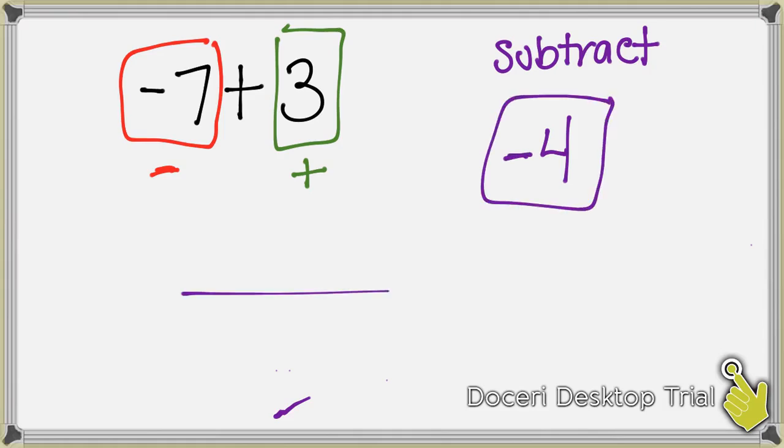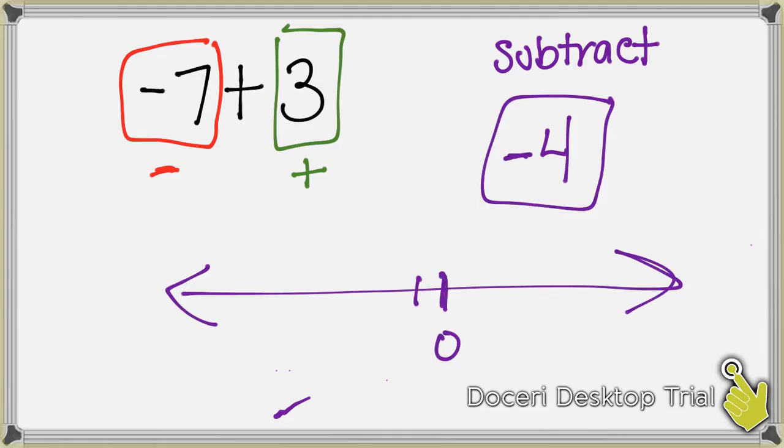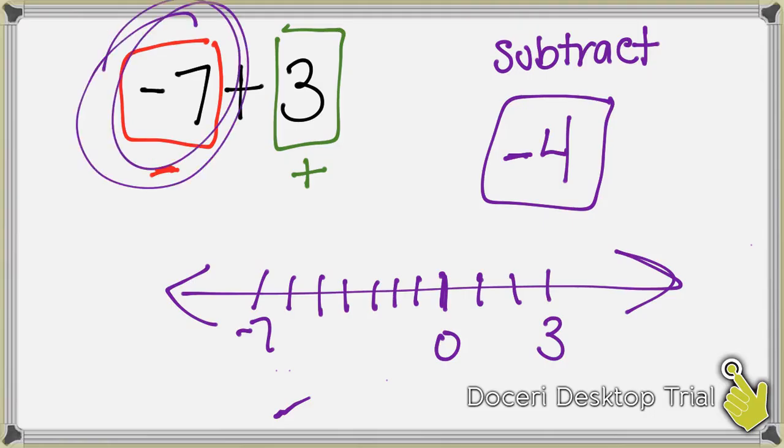And if you think about a number line, that would make sense. There is 0. 1, 2, 3, 4, 5, 6, 7. Here's -7, and here's +1, 2, 3. Actually, we don't really even need the +3 there, but you can see that we're starting at -7.